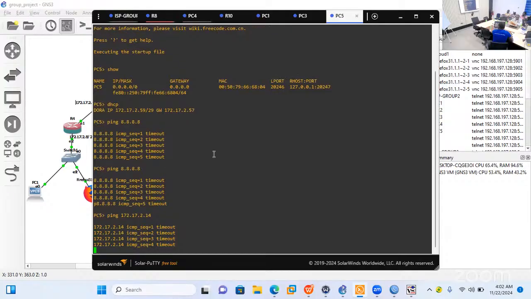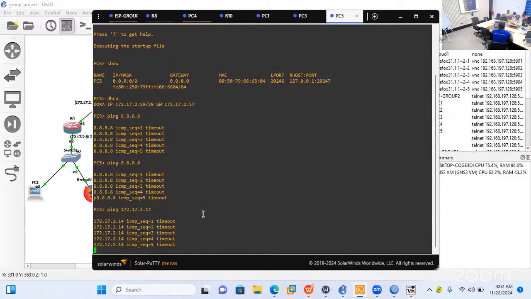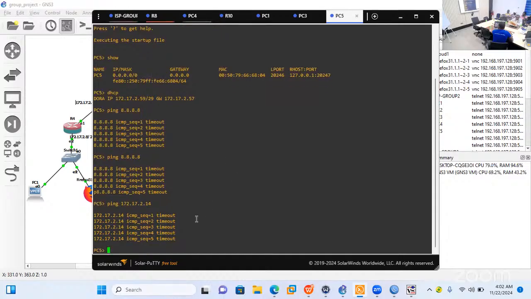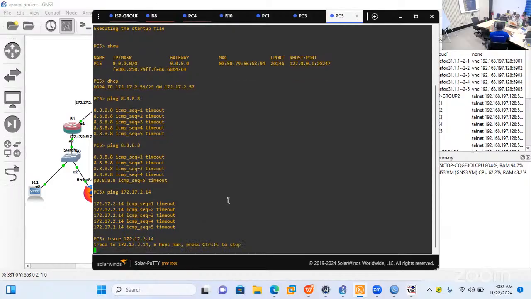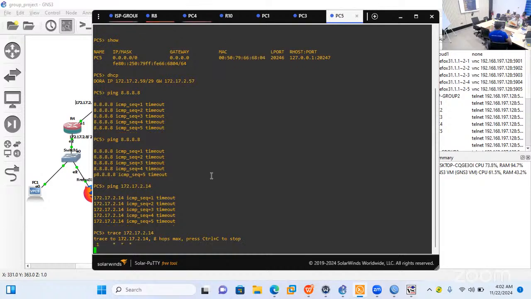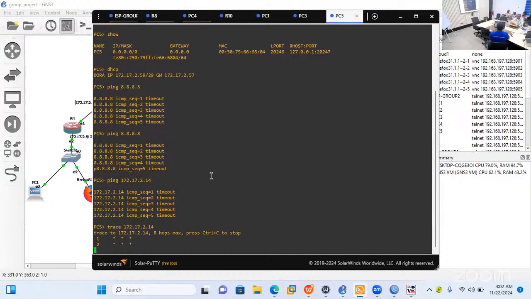So I don't think your routing is working. Your dynamic routing is not working. And we can't trace route if we can't ping. So no need for the trace. But just to be sure, let me still do the trace. 172.17.2.14. Not going out.